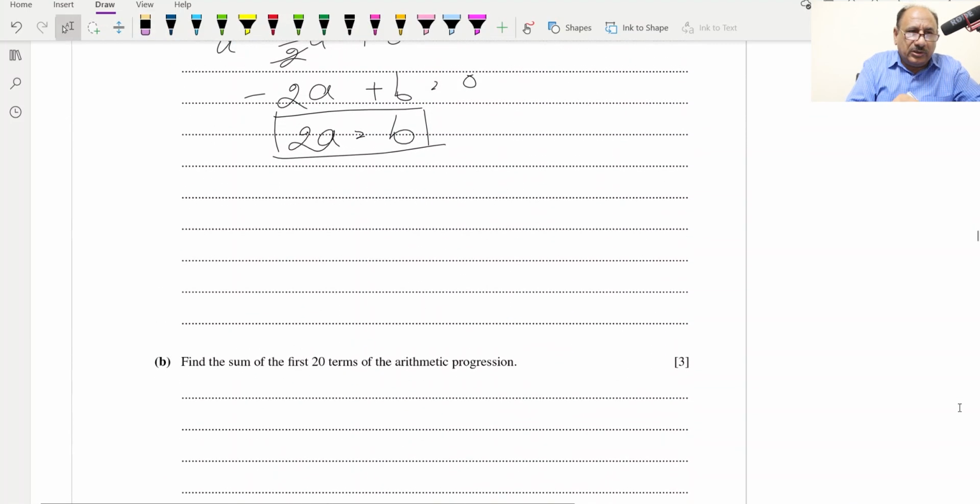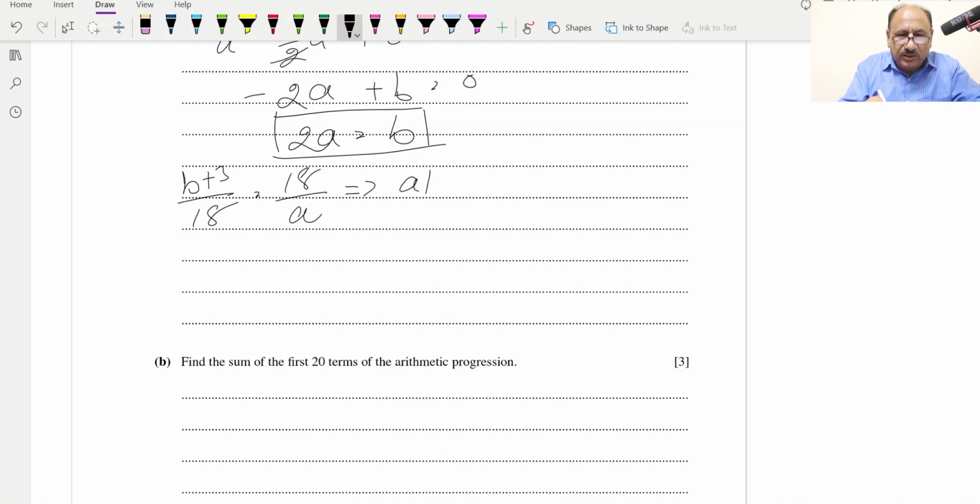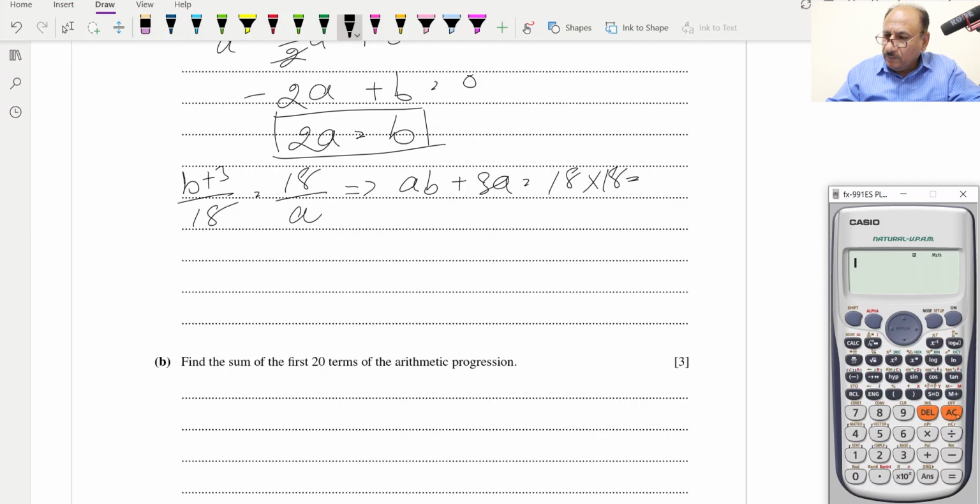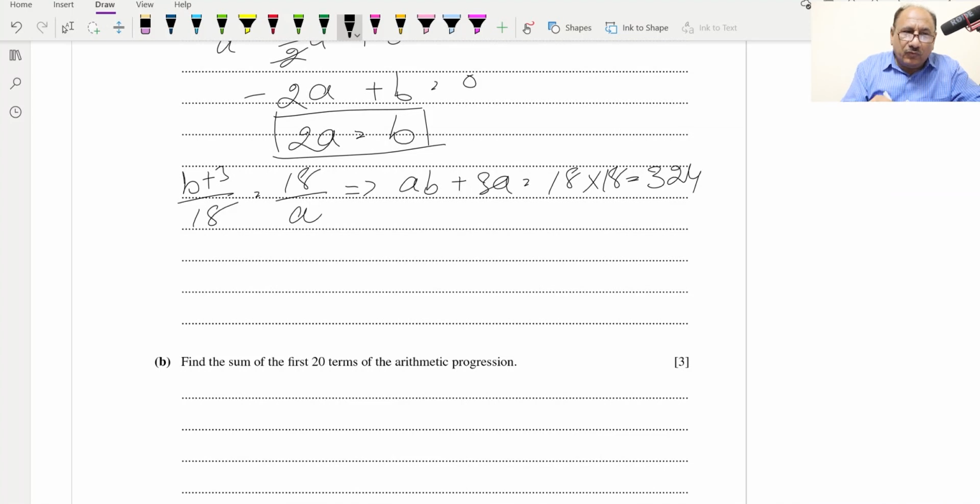Cross multiplying, ab plus 3a is equal to 18 multiplied by 18, which is equal to 324.